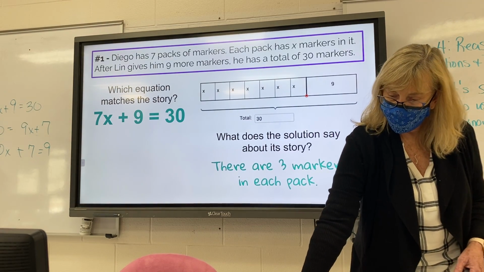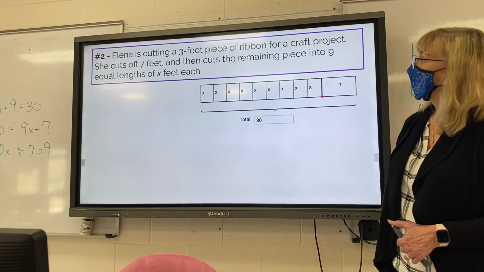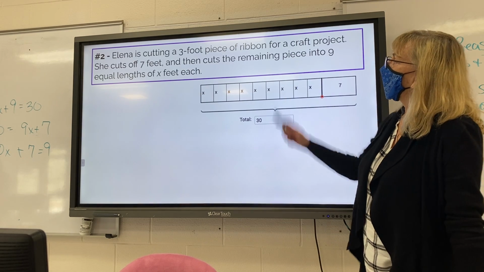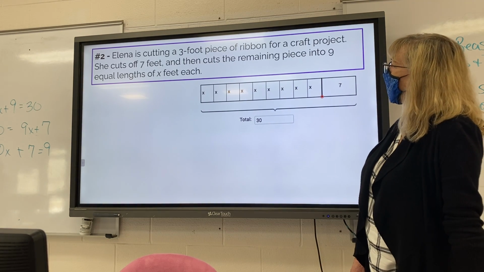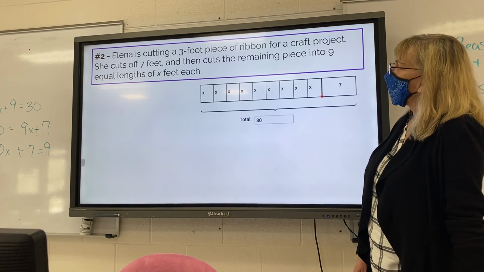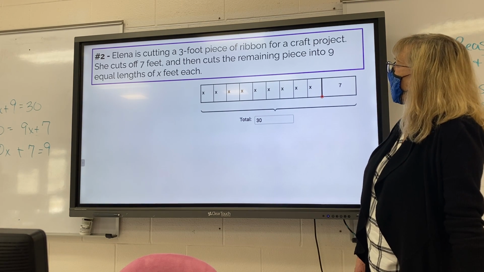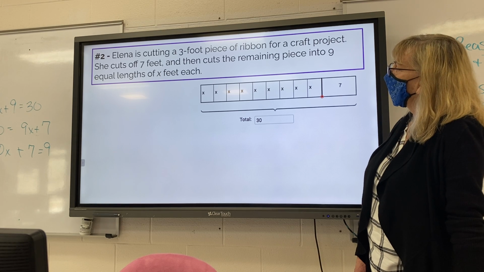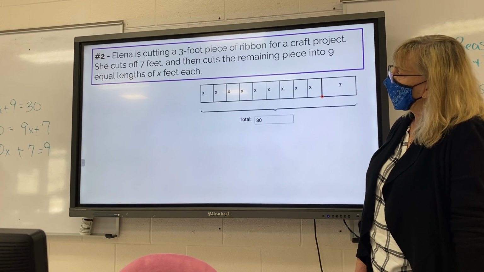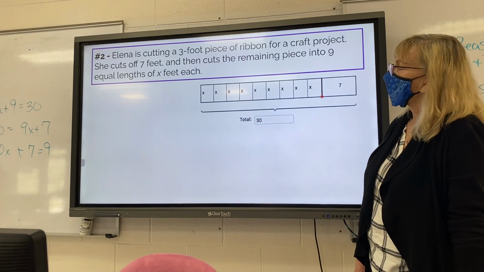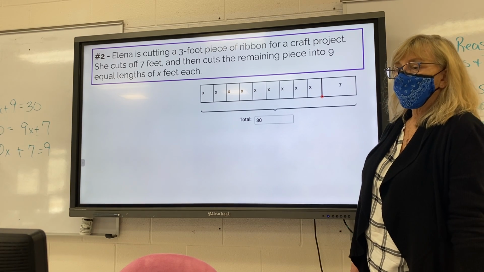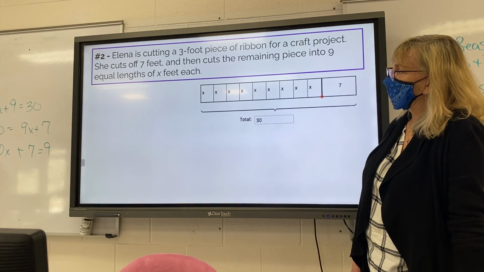Okay, next one. Elena is cutting, and that should be a 30-foot piece of ribbon for a craft project. She cuts off 7 feet and then cuts the remaining piece into 9 equal lengths of x feet each. Which equation do you think it is? A, B, or C?